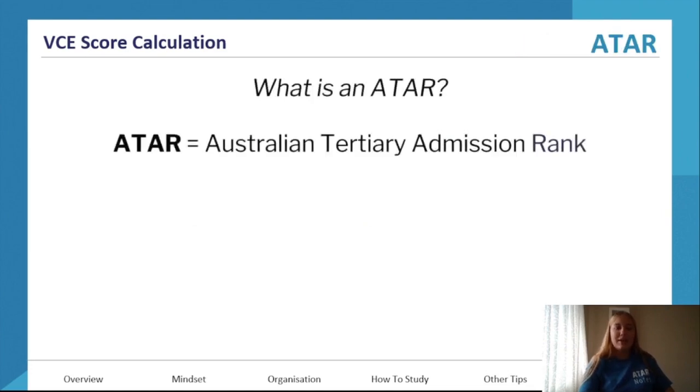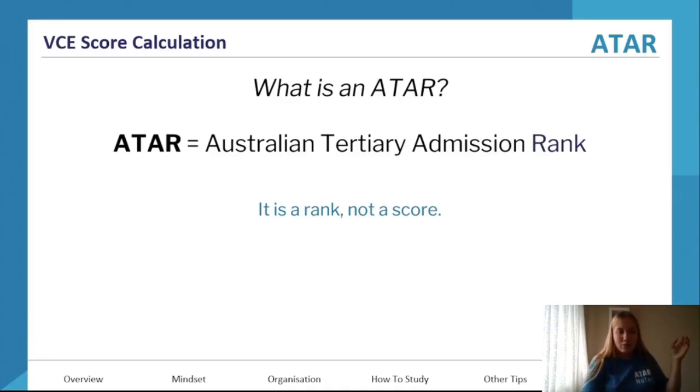So what's an ATAR? We know the ATAR is defined as the Australian Tertiary Admission Rank. That's what the abbreviation stands for. The key word in that definition is rank. So you are ranked against other students in the state who are doing VCE year 12 subjects.